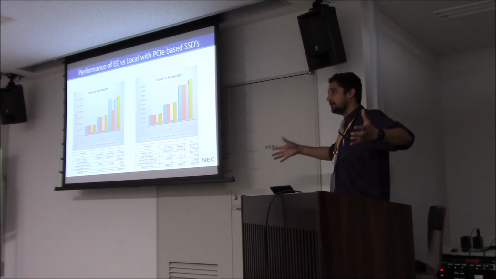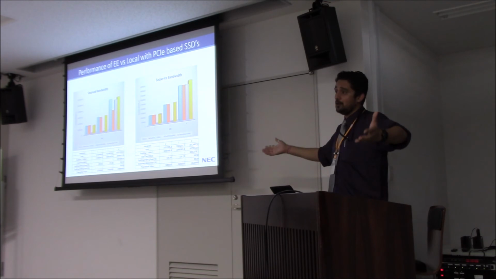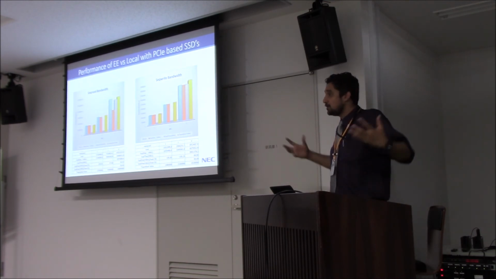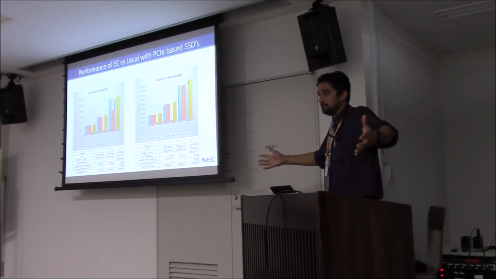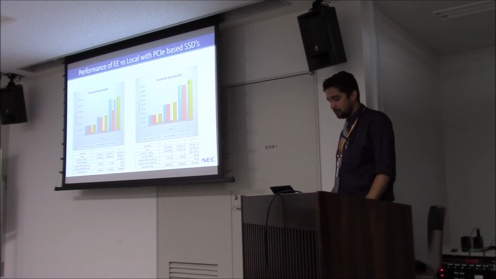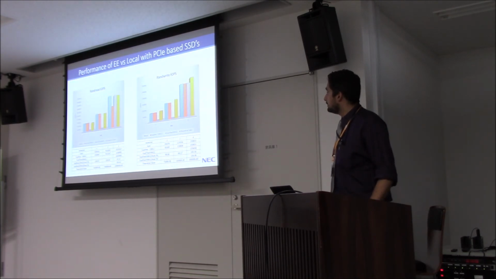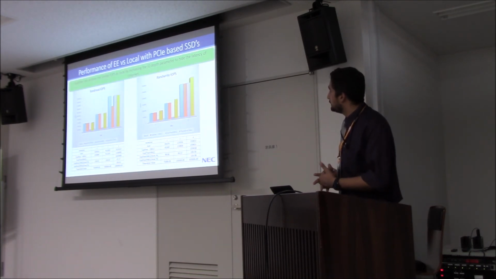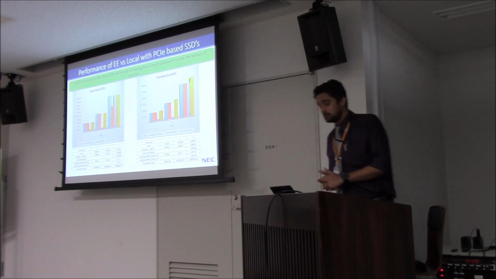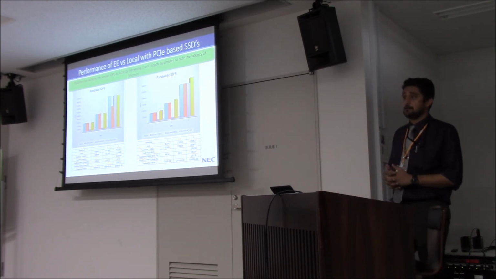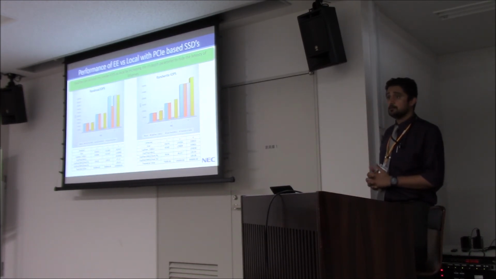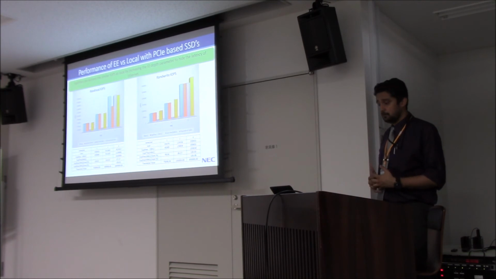And the distance is around 2 kilometers. So with the 2 kilometer difference, we are still able to achieve similar performance, and that too for reads and writes. And regarding the IOPS, we are able to achieve the same IOPS in the SSD case as well.